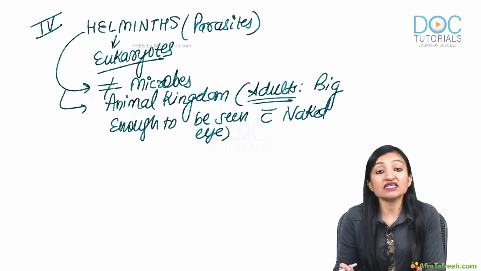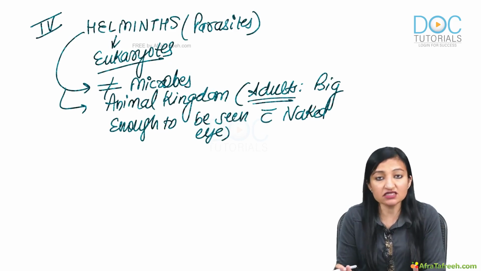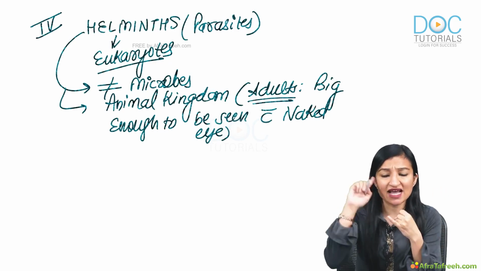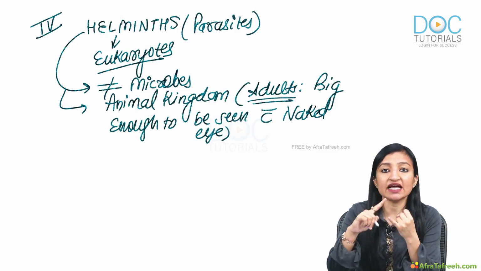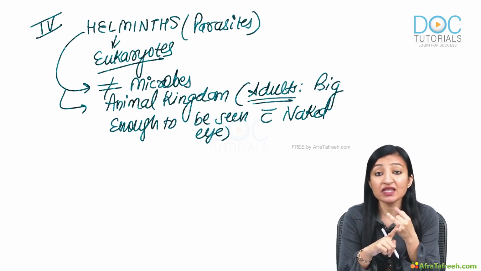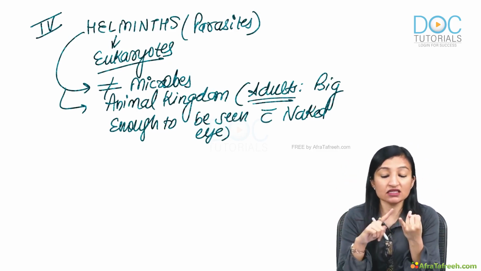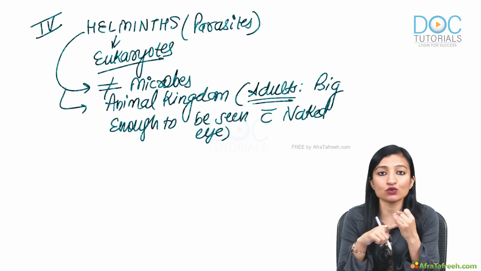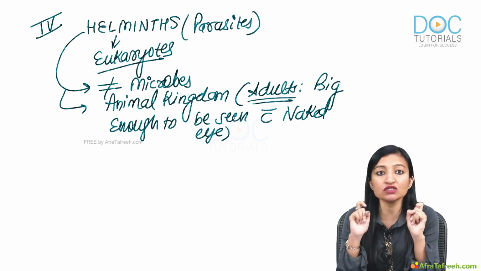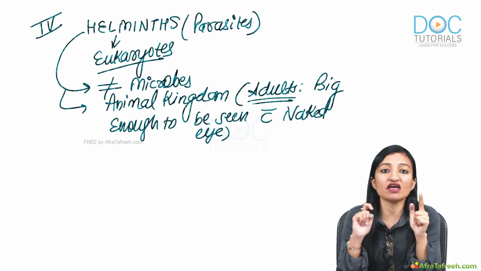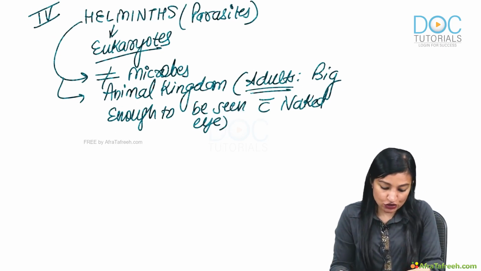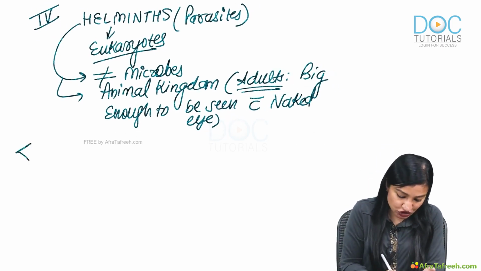So these are the important categories of villains which infect us. Remember, the smallest ones are viruses, then bigger than them, bacteria, which are prokaryotes. Then the third category is fungi and protozoa, both of which are eukaryotes. And lastly we have helminths. So these are the conventional villains.